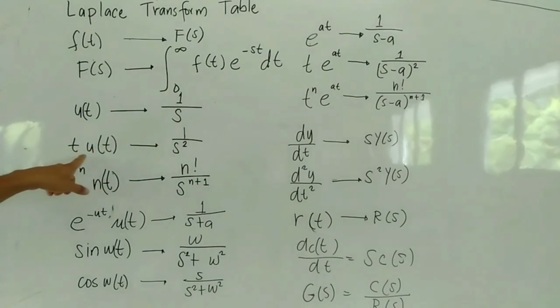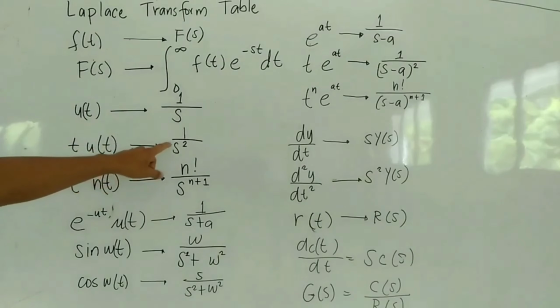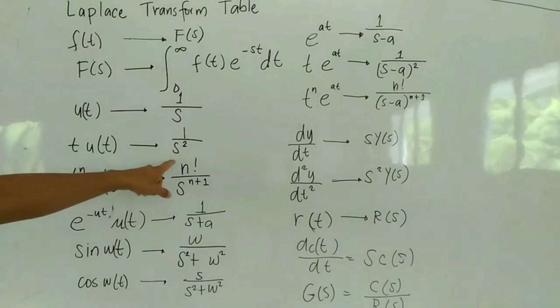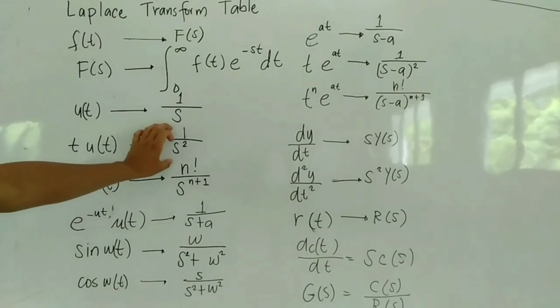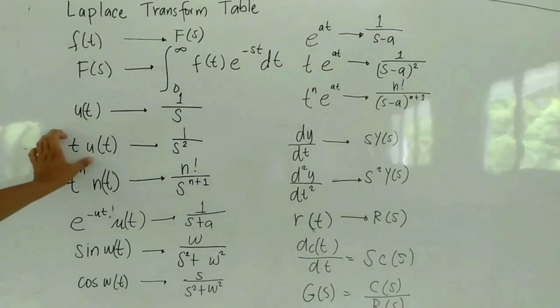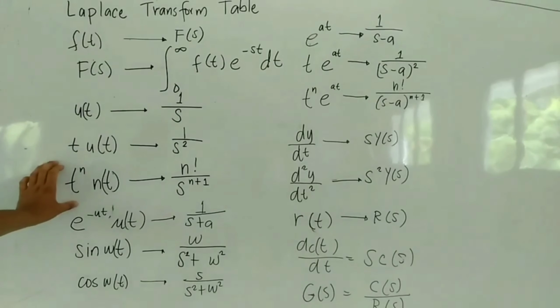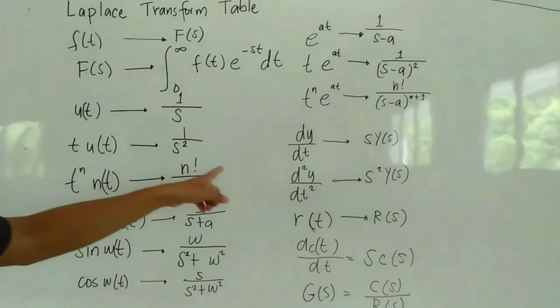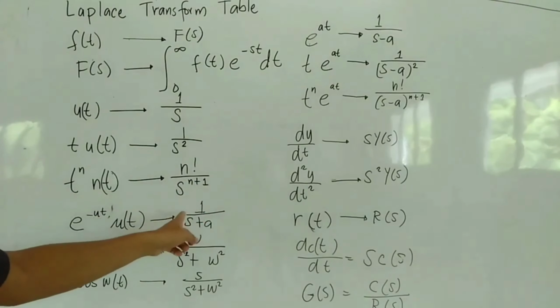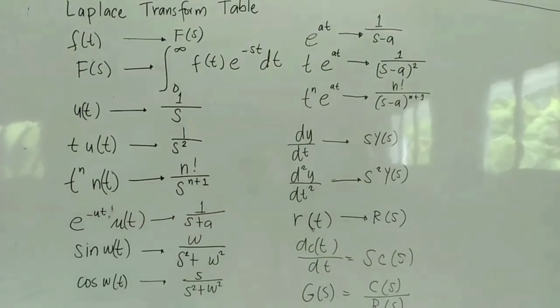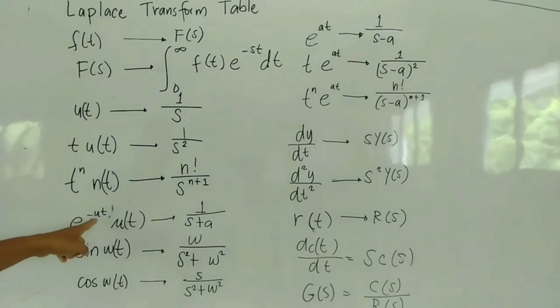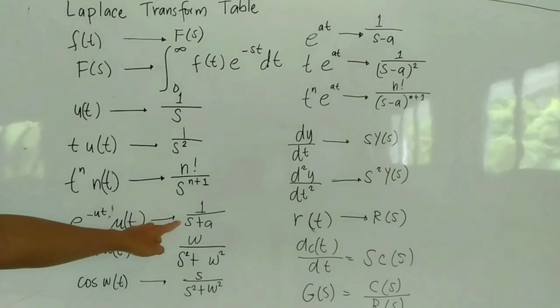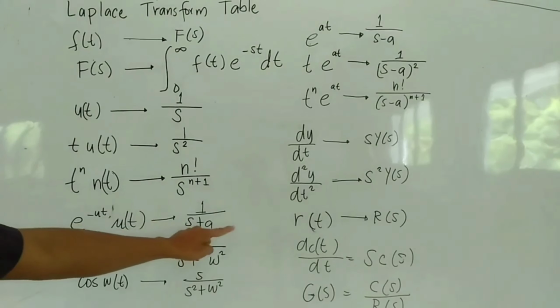And we have t u of t is equal to 1 over s squared. This is our equivalent Laplace transform, and this is the inverse Laplace. Then t to the n is equal to n factorial over s to the n plus 1, then e to the negative a t u of t has the equivalent Laplace transform 1 over s plus a.